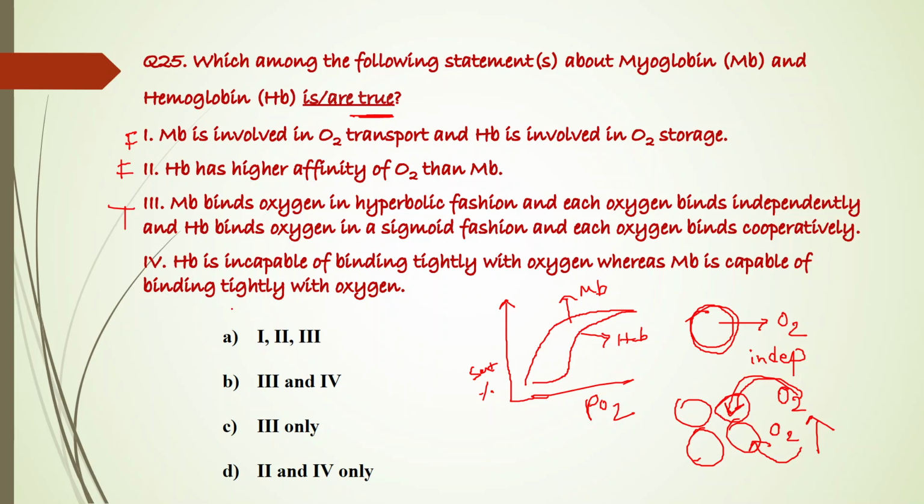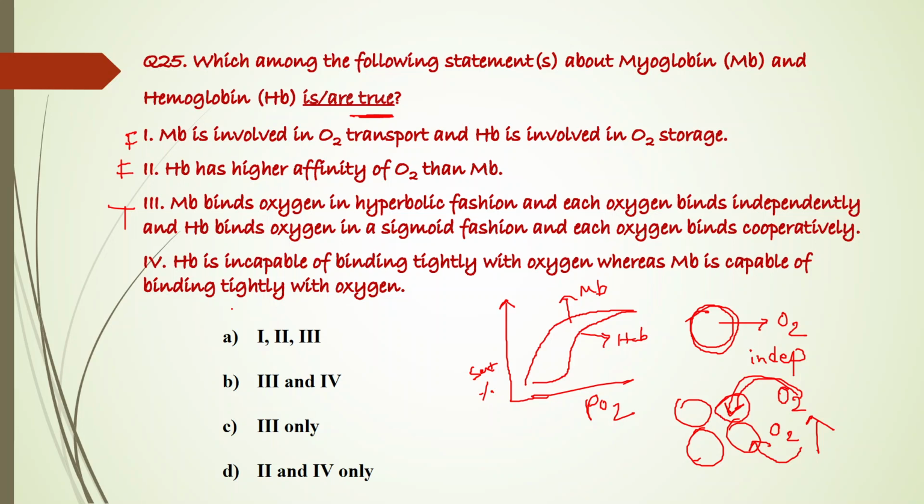Coming to the fourth one, it is saying hemoglobin is incapable of binding tightly with oxygen, whereas myoglobin is capable of binding tightly with oxygen. If hemoglobin cannot bind tightly with oxygen, then it will never be able to transfer the oxygen throughout the blood vessels, right? And then reach the muscles.